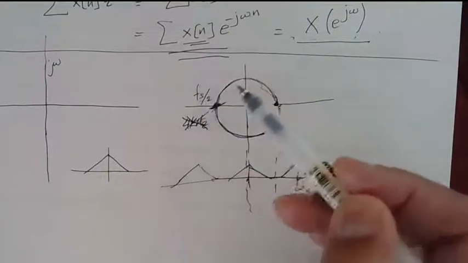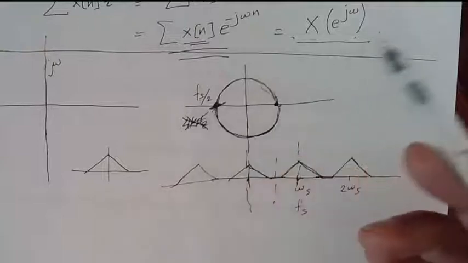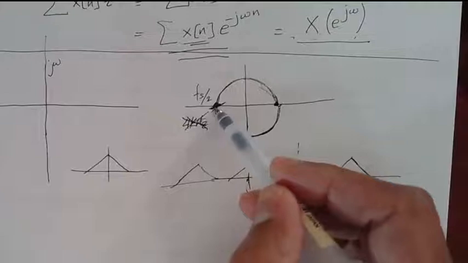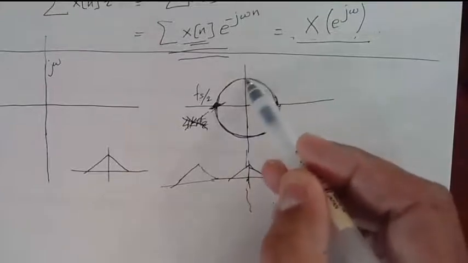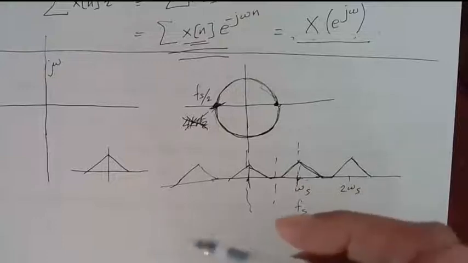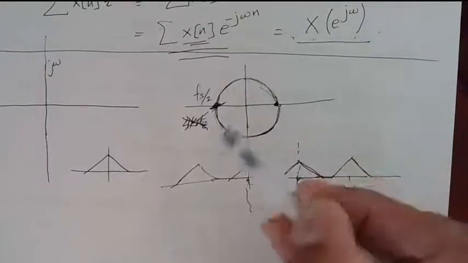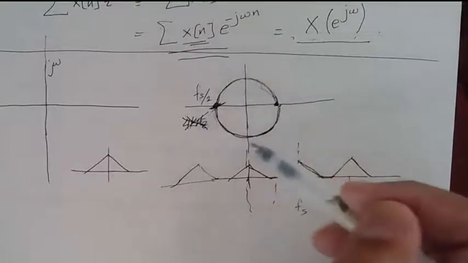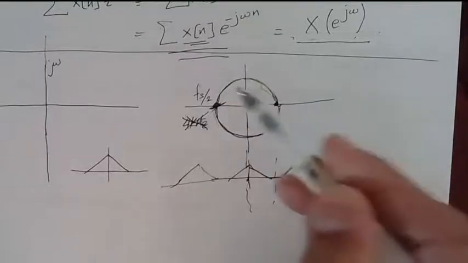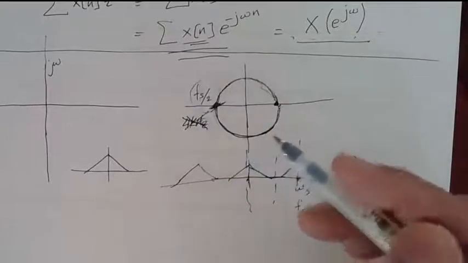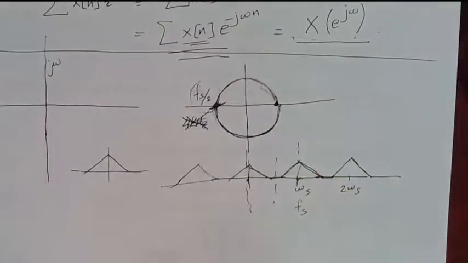If the sampling frequency is 240 samples per second, then this point will be 120 hertz and this point will be 60 hertz. If the sampling frequency is 120 samples per second, then this point will be 60 hertz. The position of the frequency depends on what the sampling frequency is. We'll look at that much more later on.